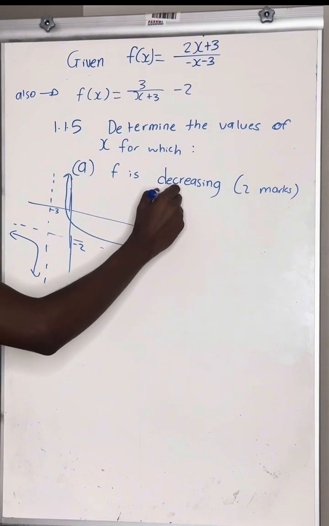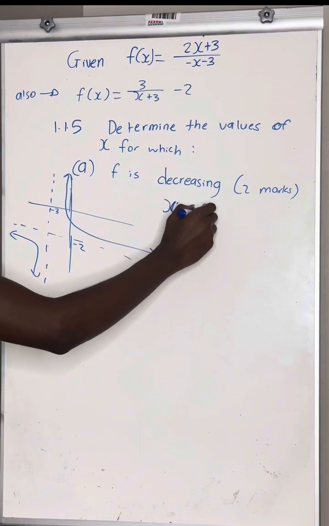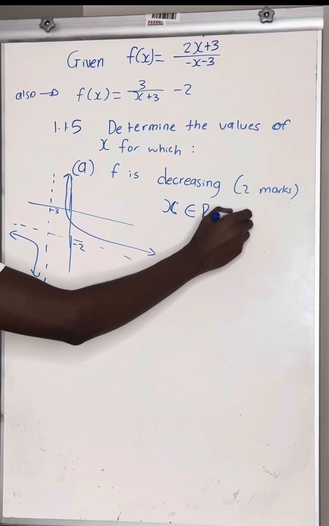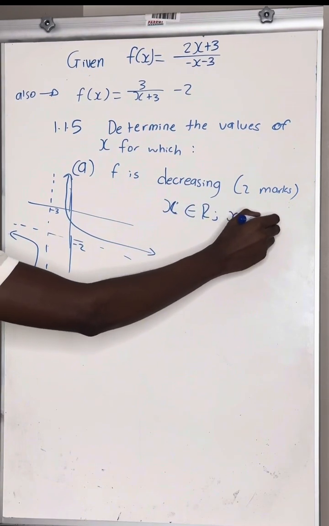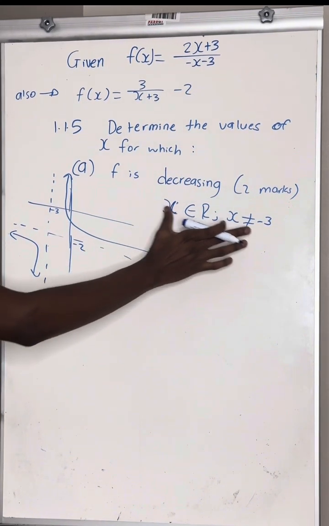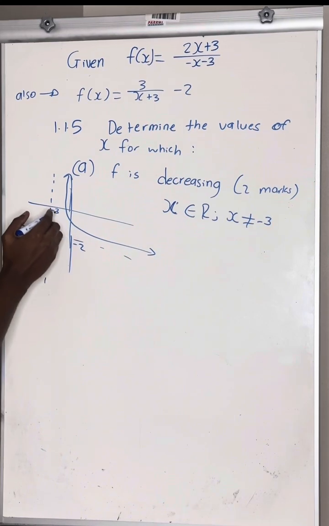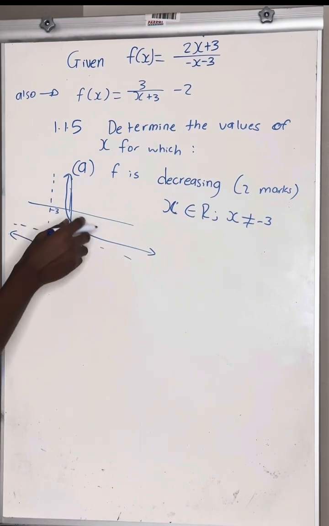You just say x is an element of the real numbers where x cannot be negative 3, because negative 3 is our asymptote. So this basically means for all values of x it is decreasing, except x cannot be negative 3.